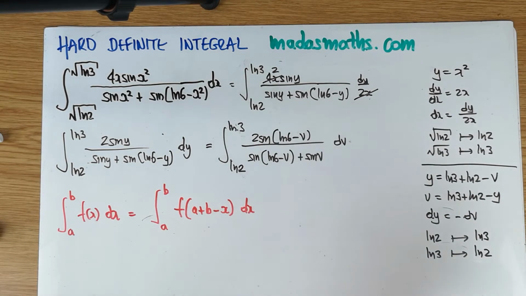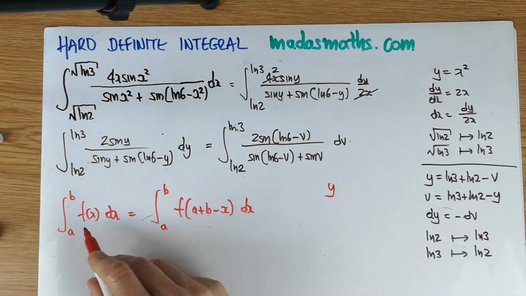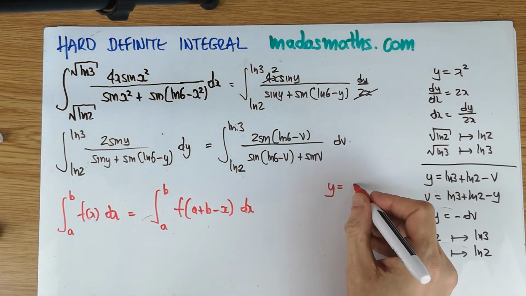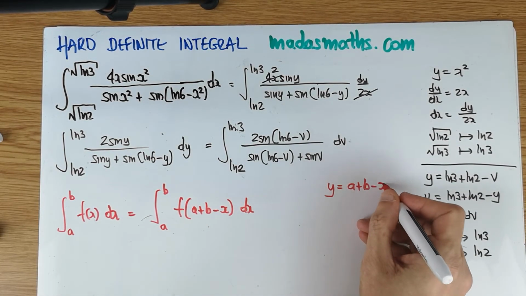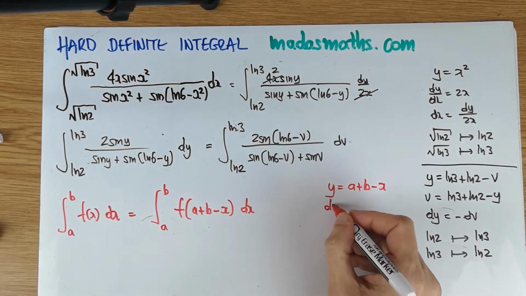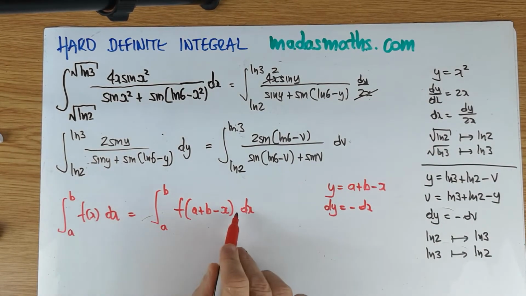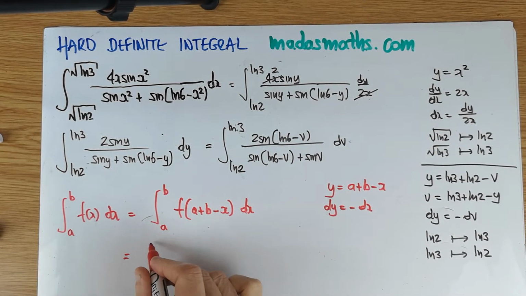Let me show you why this works. If you use a substitution, here y is a plus b minus x, adding the two limits basically, then your dy is equal to minus dx. Look what happens. At the moment I'm not putting an equals sign.